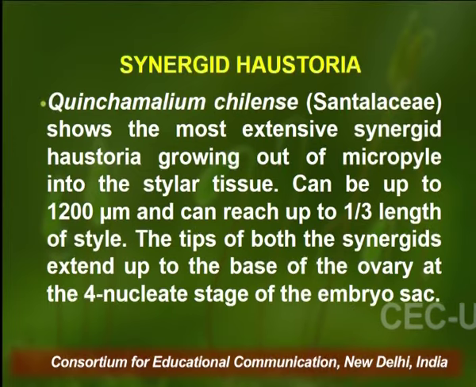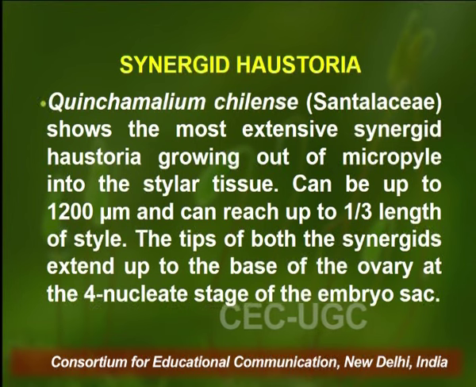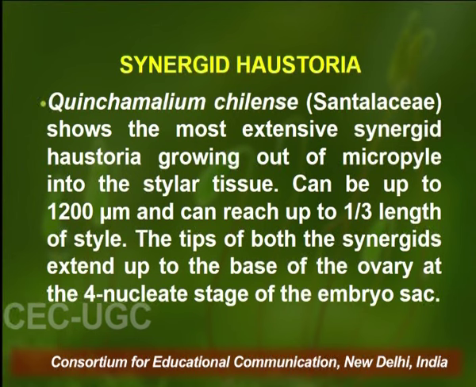Then come the synergid haustoria. Quinchamalium chilense, a member of family Santalaceae, shows the most extensive synergid haustoria. These synergid haustoria basically grow out of the micropyle into the stylar tissue. They can be up to 1200 microns in length and can reach up to one-third the length of the style.